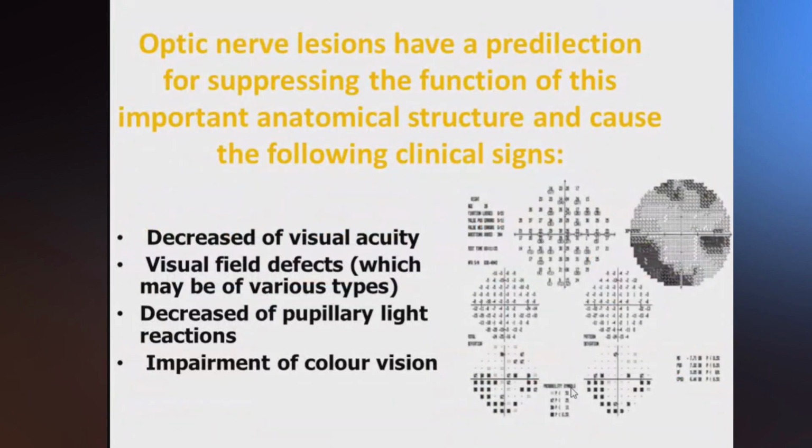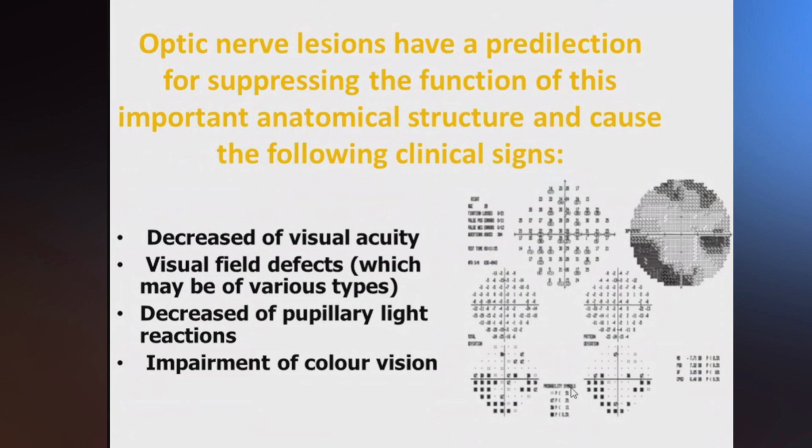We should discuss all these diseases a bit later, but all diseases have specific changes of the optic nerve, and in all these diseases we can see the same signs and symptoms.